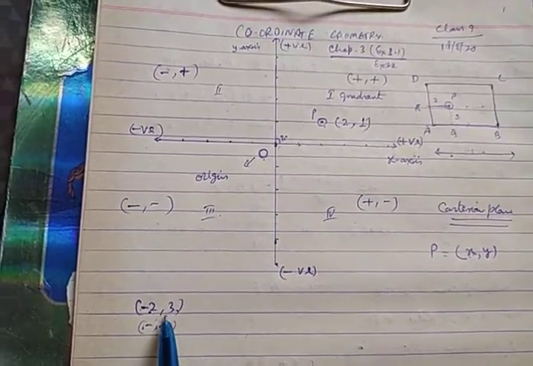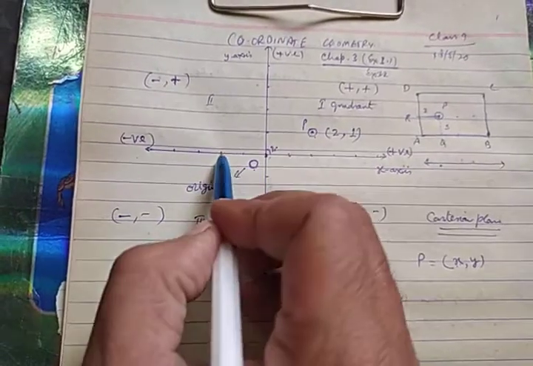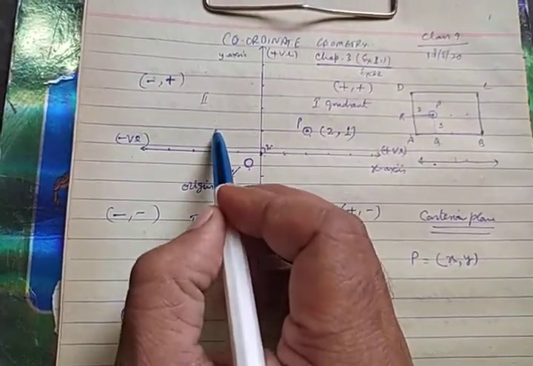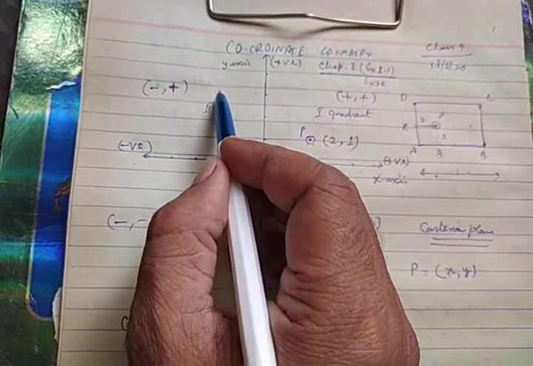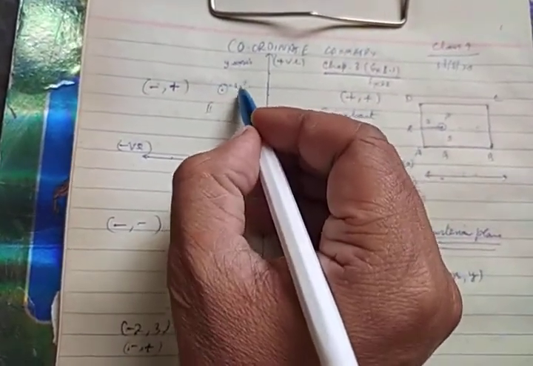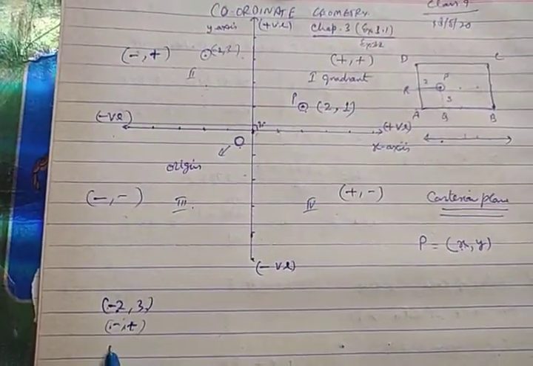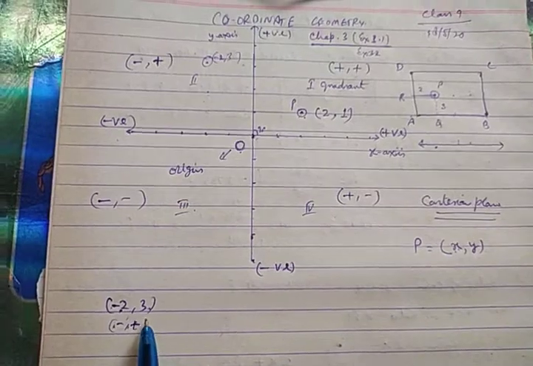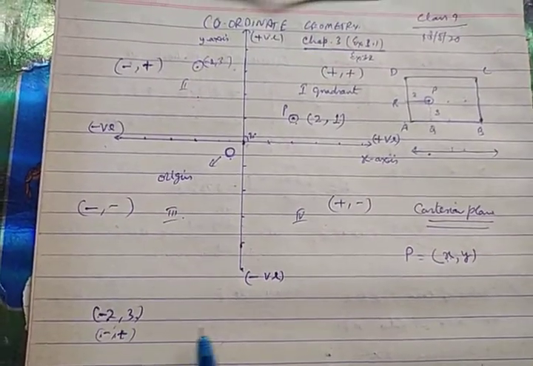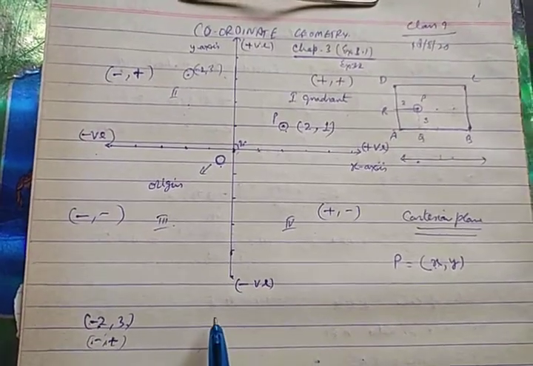If you want to locate the point, then minus 2 you move on the x axis, 3 units towards the y, then 1, 2, 3, the third unit, you will place the point like this: minus 2 comma 3. Then with respect to sign convention, you can reach the quadrant in which the point is to be specified and you can plot the point.